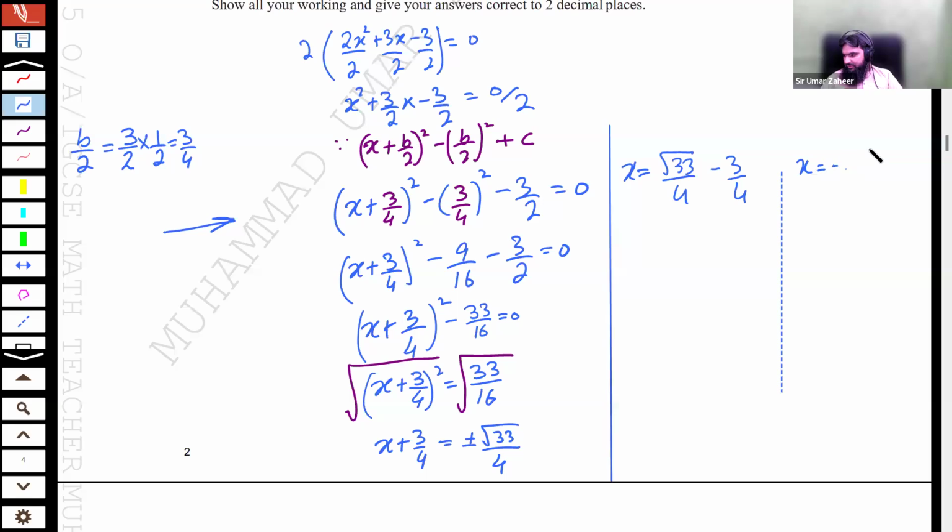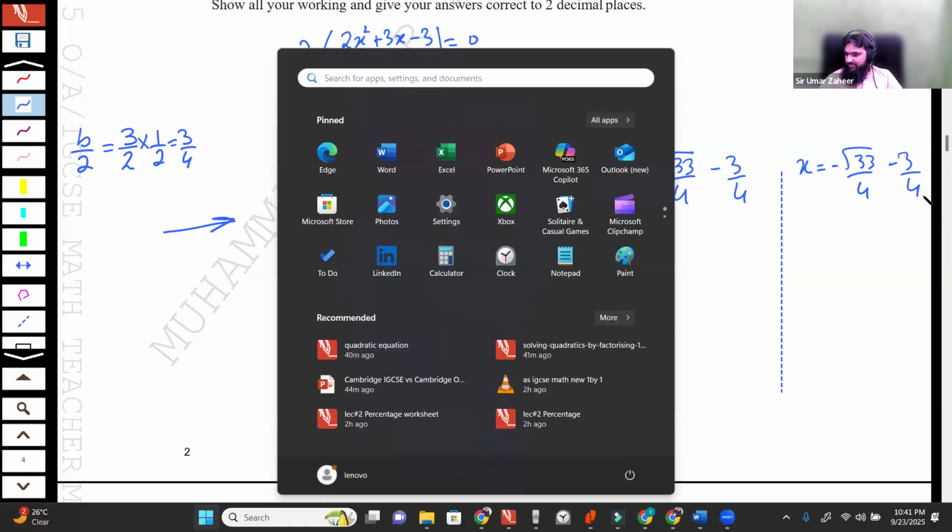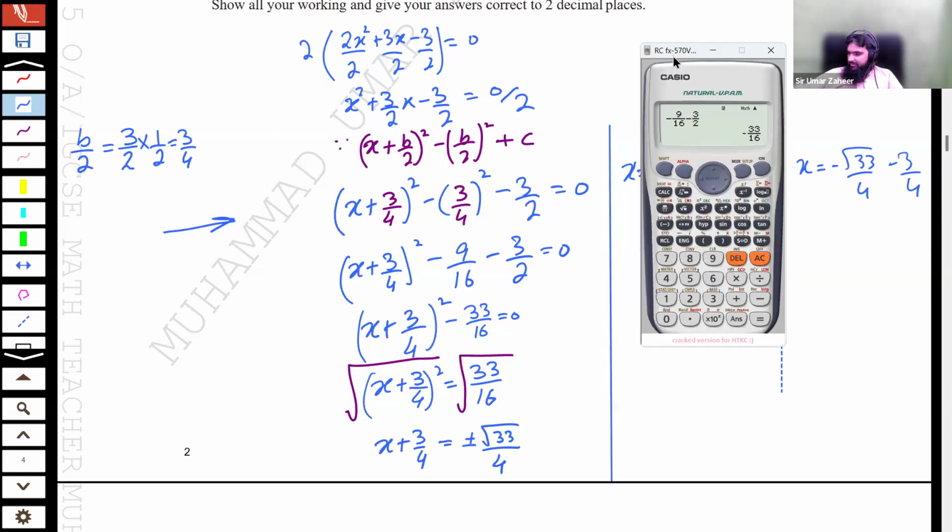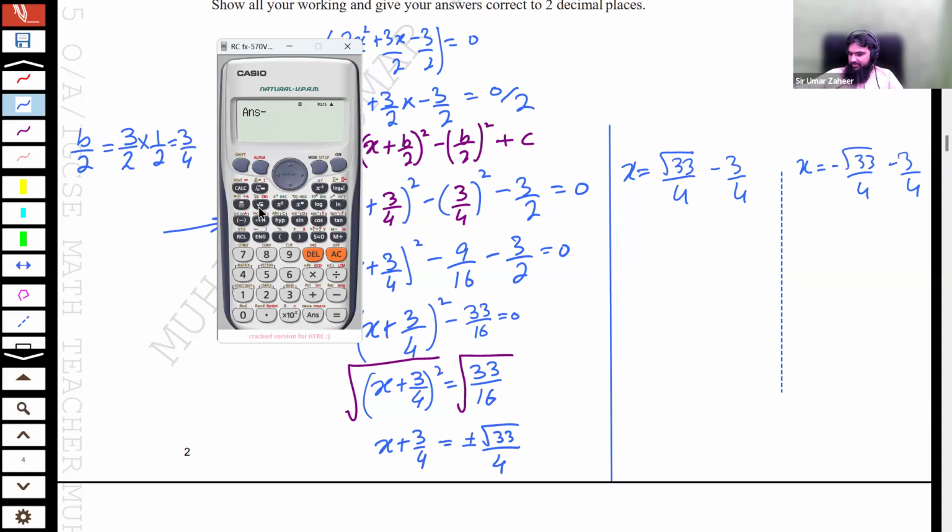And x is equal to minus square root 33 over 4 minus 3 over 4.